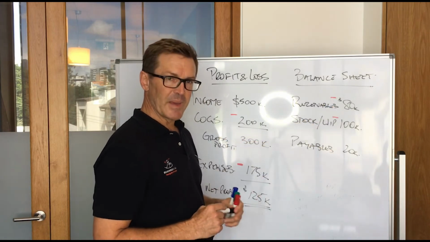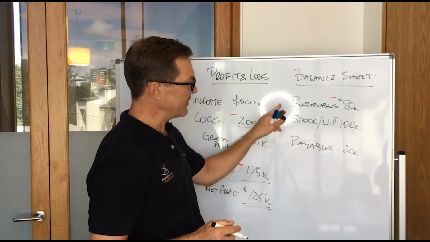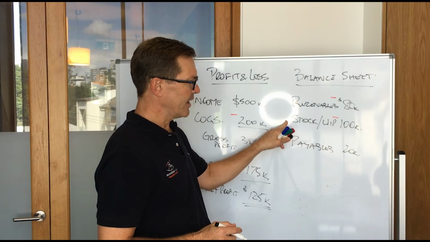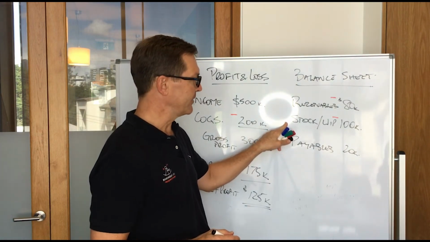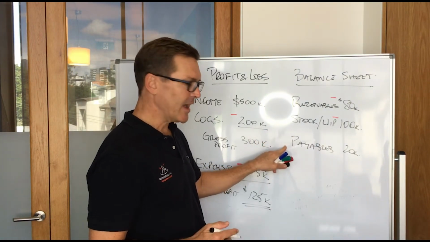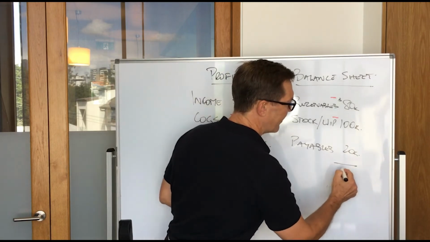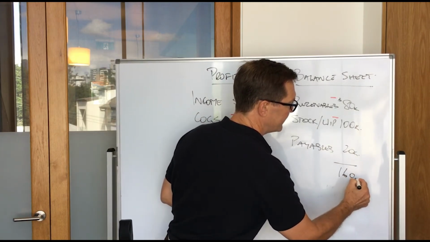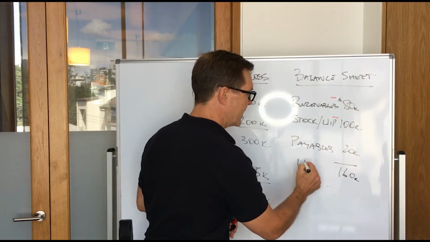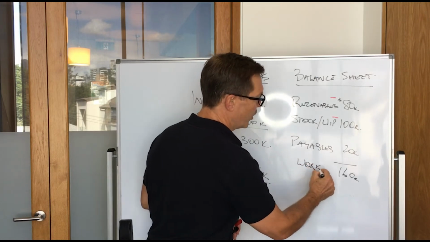So to finish off these balance sheet items, we've got $80,000 in receivables, $100,000 in stock, that's $180,000, and net of payables, it means we have $160,000 locked up in working capital.